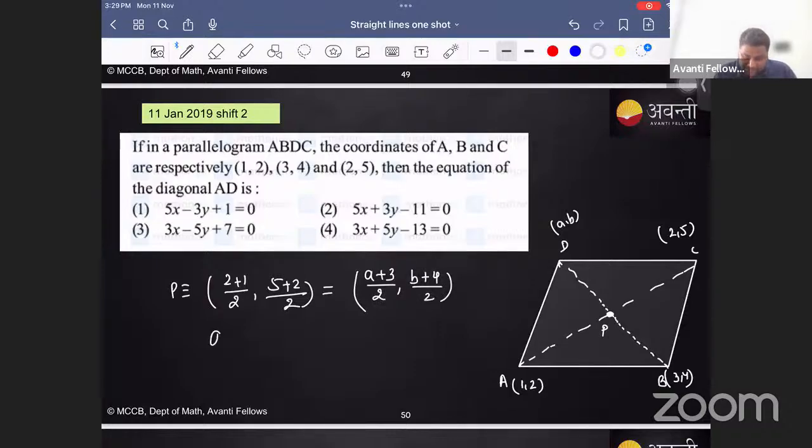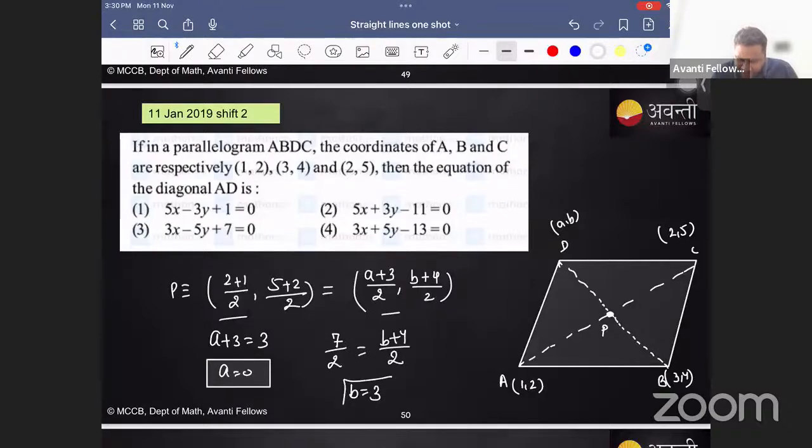So that means a plus 3 is going to be 3, equate their x coordinate. You get a as 0 and 7/2 is equal to (b plus 4)/2. So I got b as 3. Am I clear? So this vertex D became (0, 3).